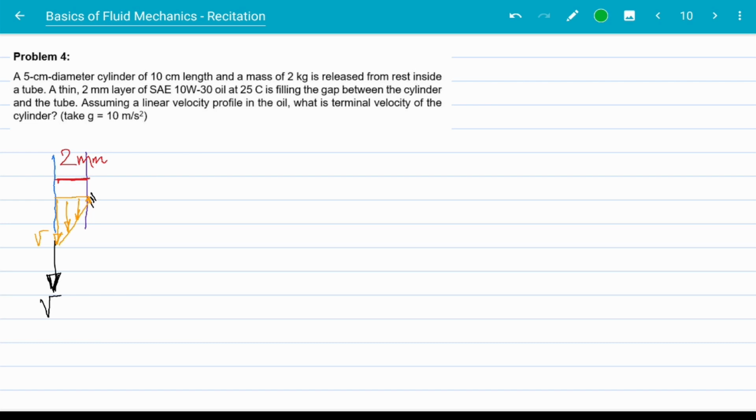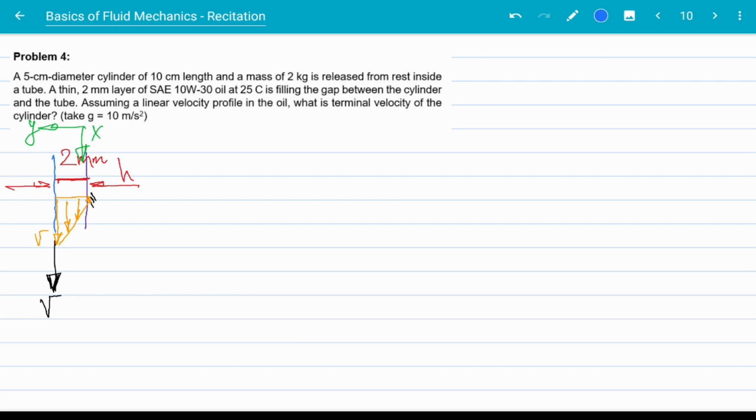Okay, so let's say we are using this coordinate system. This is the x direction, and this is the y direction. Now I know that the gap is 2 millimeters wide, but for now, let's just assume that it is h meters wide instead of 2 millimeters. I just want to derive the equation in a parameter form.